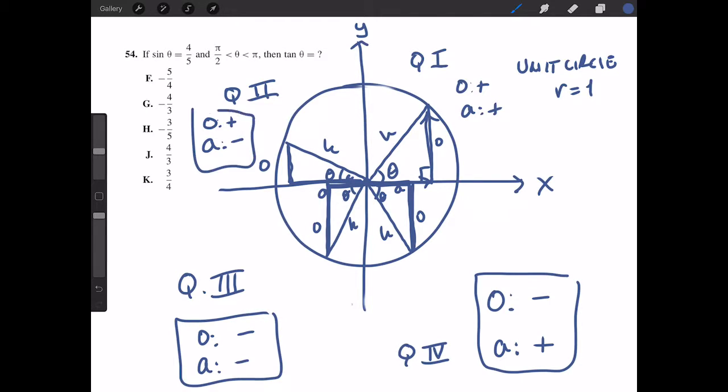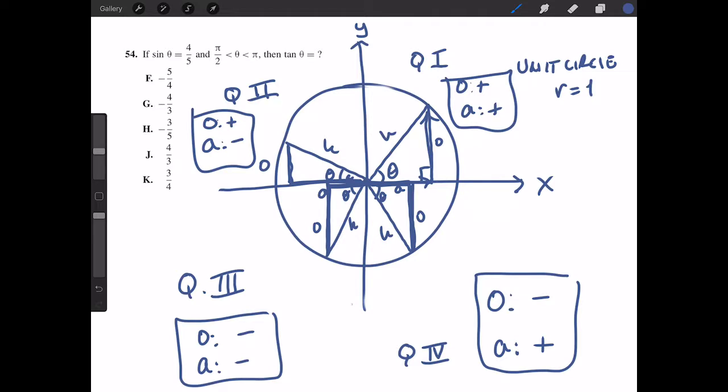So these right here are very important signs to consider when we're figuring out the trig functions of angles, when we're figuring out sine, cosine, and tangent of different angles. Because depending on where the right triangle is inscribed, depending on the angle, we're going to end up with a positive or a negative answer. Why does that happen?